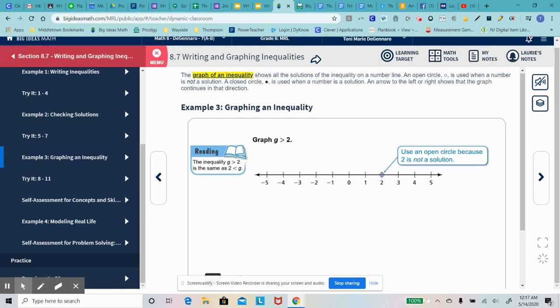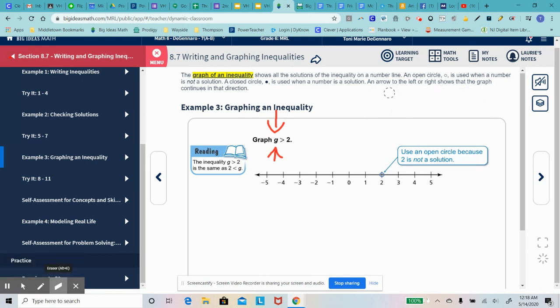So what you're going to do is you can only graph, and I need you to make sure you understand this, you can only graph if g, your variable, is alone on its side of the expression. So if it has g plus 1 is greater than 2, you cannot graph it yet. All right, you're going to have to solve it, which you're going to learn. All right, but if it has the variable alone, like it does here, then you can graph.